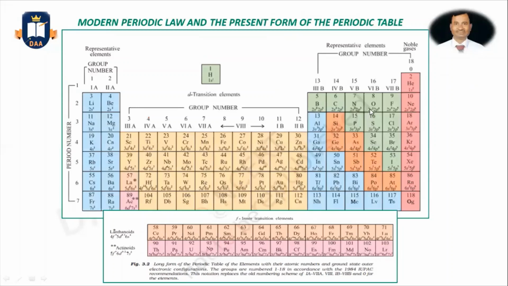So first, once again, look at the long periodic table. You see this is period 1, period 2, period 3, period 4, period 5, period 6, period 7, and the lanthanides and actinides series. One by one, I'll describe now.